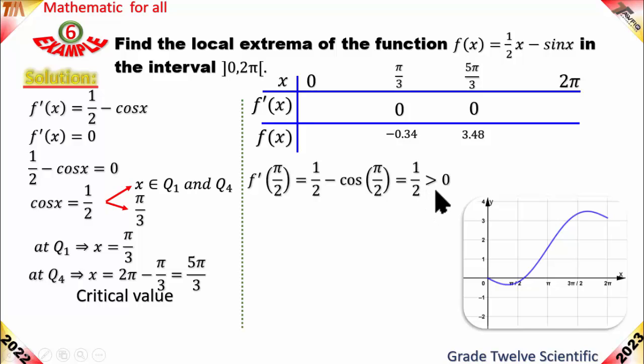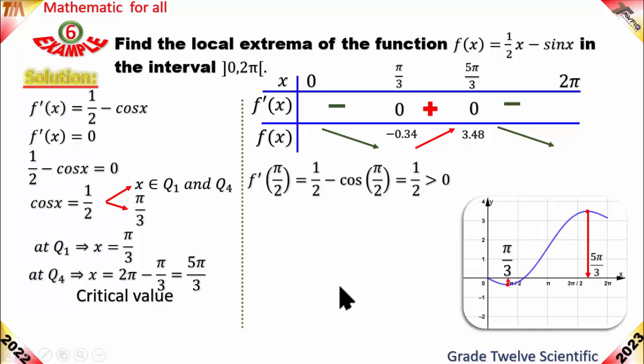Because 1/2 is bigger than 0, the sign of the derivative in the interval from pi over 3 to 5 pi over 3 is positive. Because in this interval it is positive, here it is negative and here it is negative too. That means the function is decreasing on 0 to pi over 3 union 5 pi over 3 to 2 pi, and increasing from pi over 3 to 5 pi over 3.